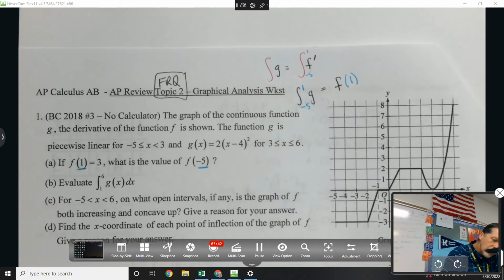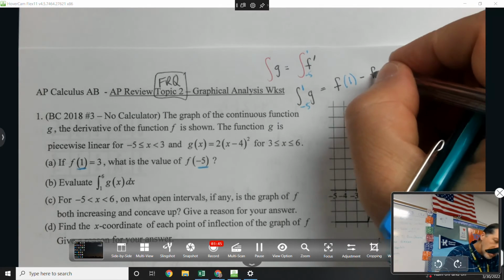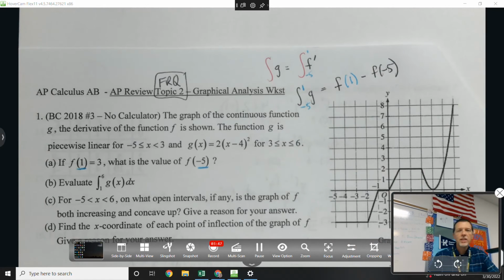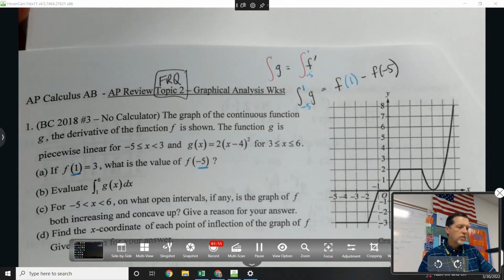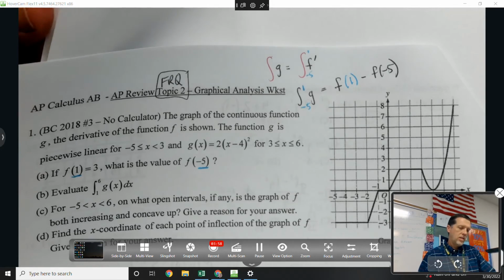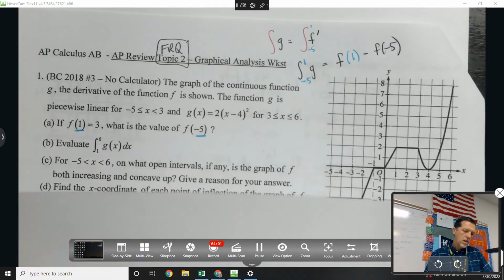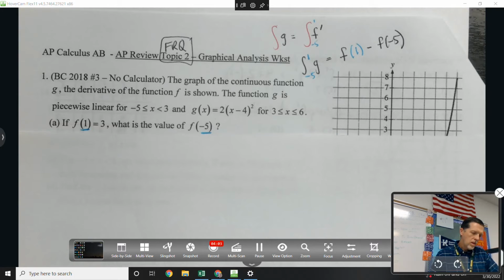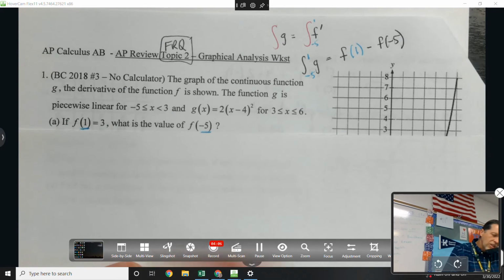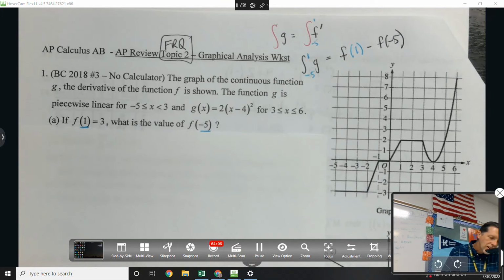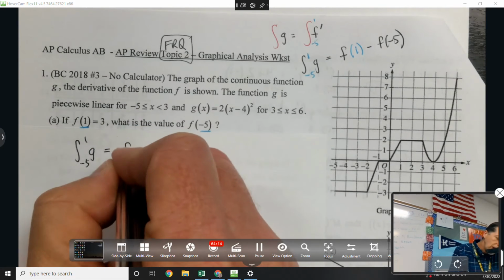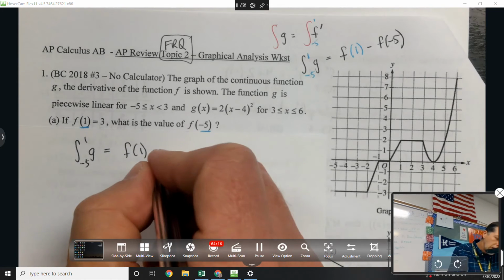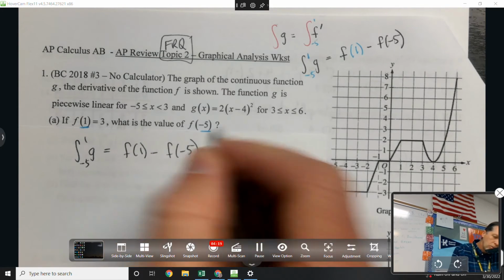So that means f of 1 minus f of -5, because those are the x values that I have. Should have done this on a separate page to get from the start here. So the integral of g from -5 to 1 equals f of 1, which we know, minus f of -5, which is what we're looking for.